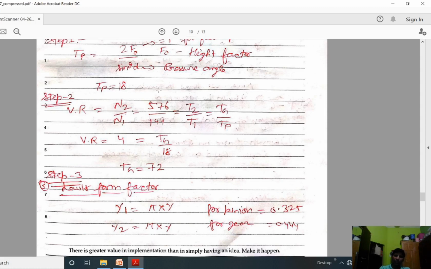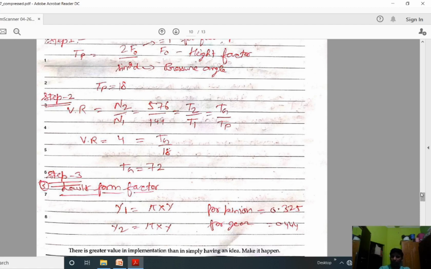So 576 is for N2 and 144 for N1, and we may get the value of TG also, because we have already calculated the value of teeth on pinion, and with the help of teeth on pinion we can easily find out the teeth on gear, because velocity ratio is equal to TG by TP. That means the formula for velocity ratio is teeth on the follower divided by teeth on the driver. So from here we get the value of TG is equal to 72.